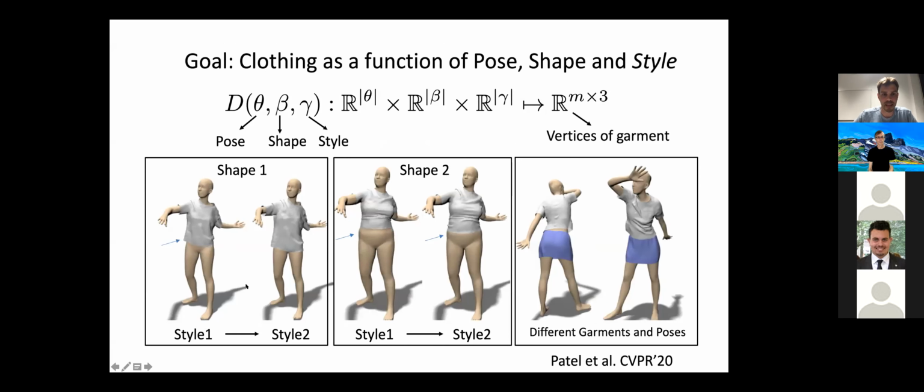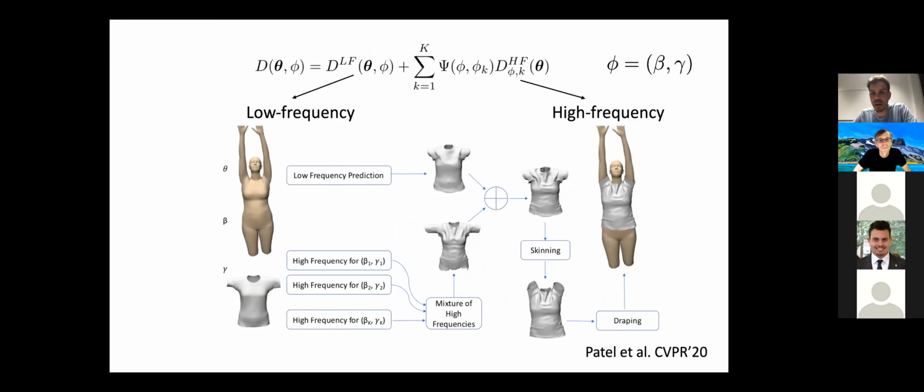Basically the model allows you to change the style, it allows you to change the shape, and the model is trained on different garment categories, including skirts. What we did is we compiled lots of physics-based simulation and we try to learn this with a neural network. And if you ever try to do this, what's going to happen is that everything will look smooth and it will not look very good.